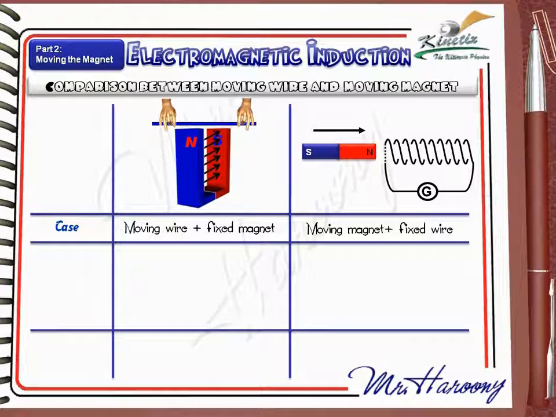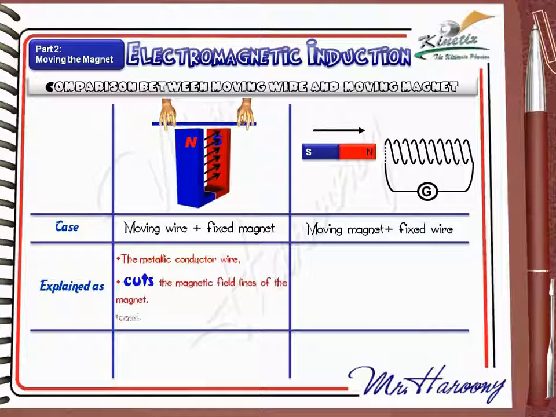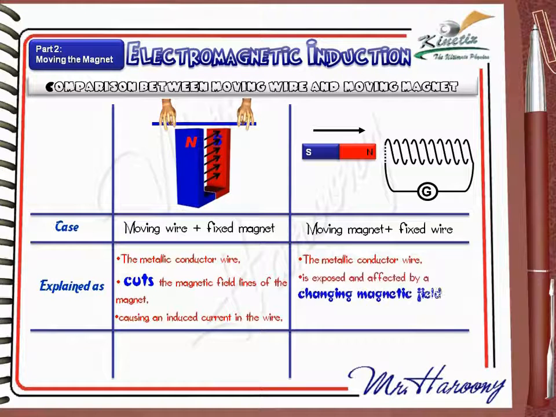If we talk about the explanation, the induced current produced by the first case is explained as the metallic conductor wire cuts the magnetic field lines of the magnet, causing an induced current in the wire. It's clear that our keyword is cuts. But in the second case the induced current is explained as the metallic conductor wire is exposed and affected by a changing magnetic field.